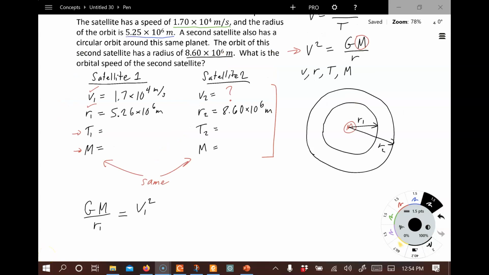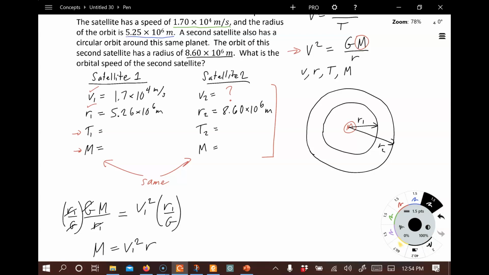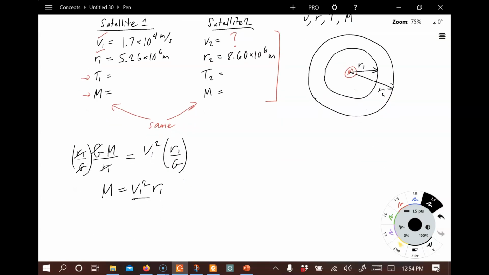So I've written down the second equation, and we want to solve for M. Let's go ahead and do a little bit of algebra here to isolate the M term. And we find that M is equal to the speed squared times R1 all divided by G. And we're going to go ahead and put those numbers in and see what we get for M.